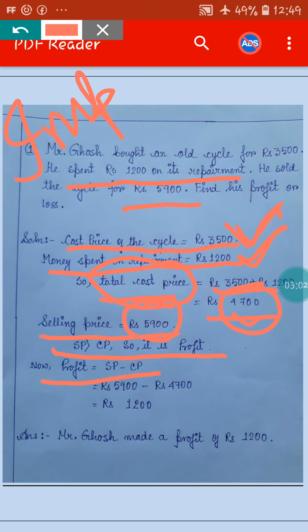Profit equals to SP minus CP, that is selling price minus cost price, and after that we have done the subtraction. Here we have subtracted rupees 4,700 from 5,900. So here the profit of Mr. Ghosh is rupees 1,200. So at last we have written the answer: Mr. Ghosh made a profit of rupees 1,200.